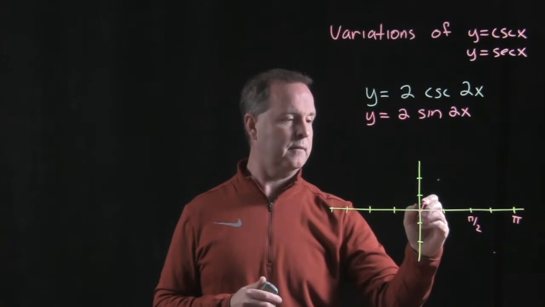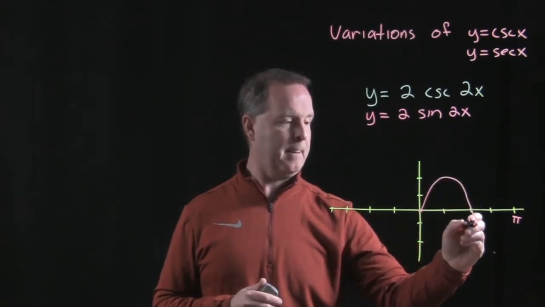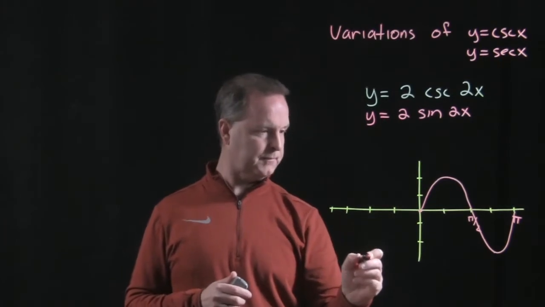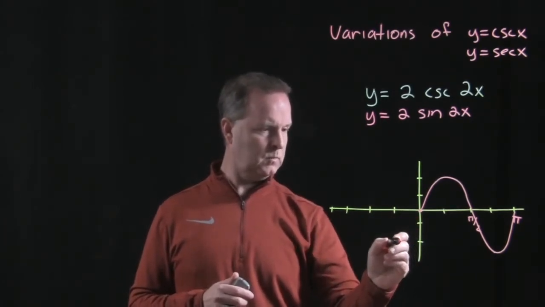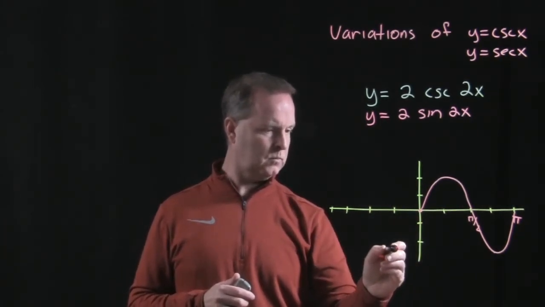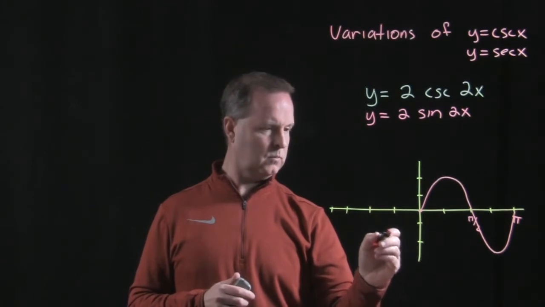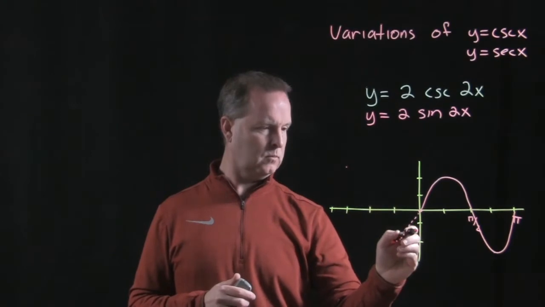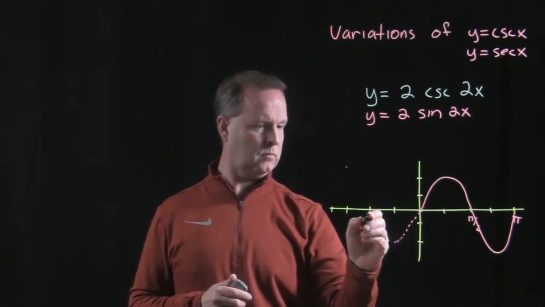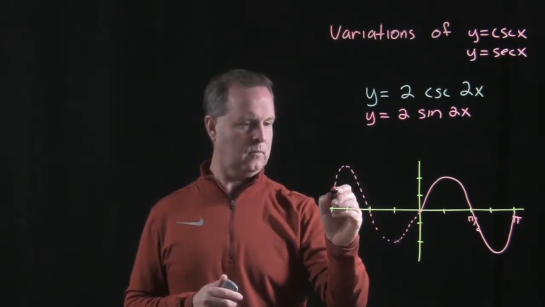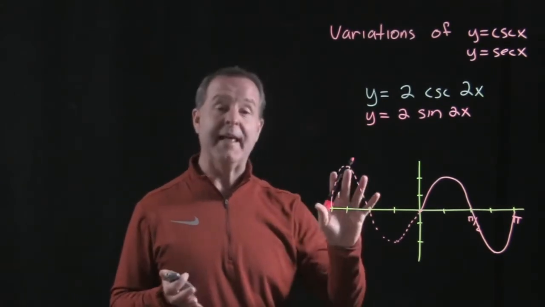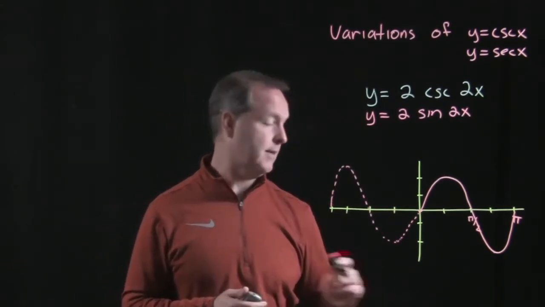So this graph, and then I can go ahead and likewise... all right, not too even, but I'll take it. All right, that's the graph of y equals 2 sine of 2x.